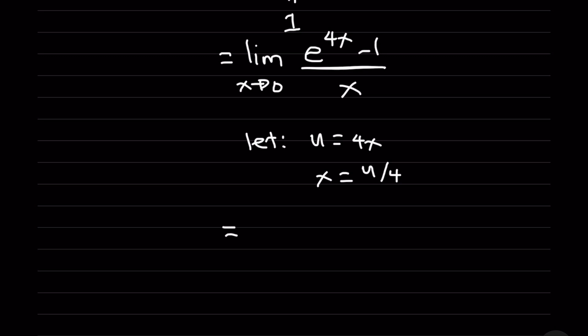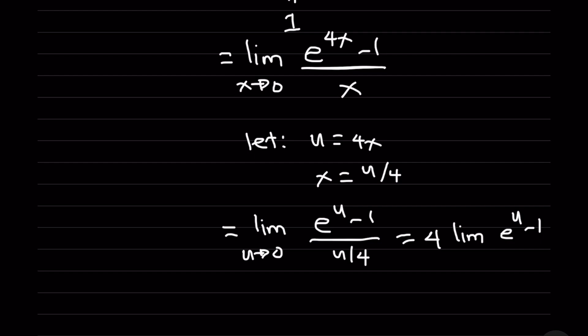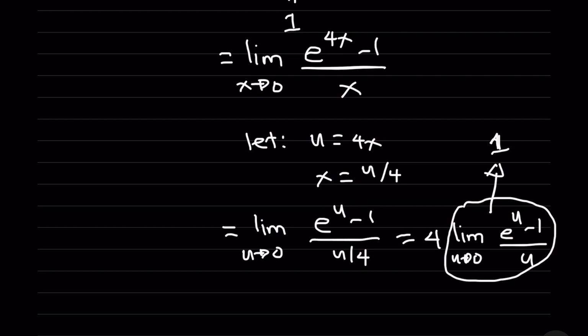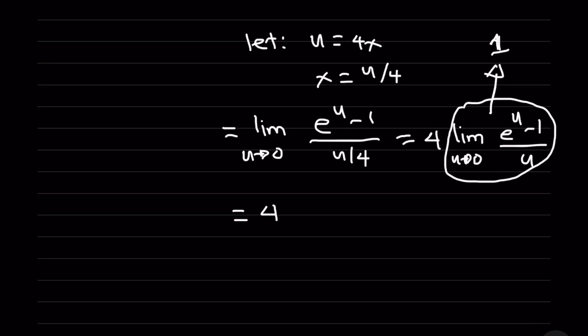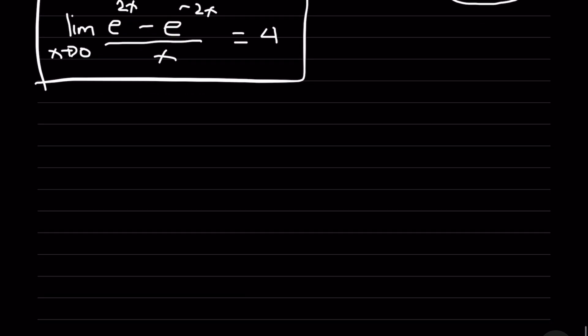So we substitute this. So we have the limit of e raised to u minus 1 divided by u over 4 as u approaches 0. Or you can write this as 4 times the limit of e to the u minus 1 over u as u approaches 0. And you know that term is equal to 1. Therefore, you're left with 4. So the limit of e raised to 2x minus e raised to negative 2x over x as x approaches 0 is equal to 4.